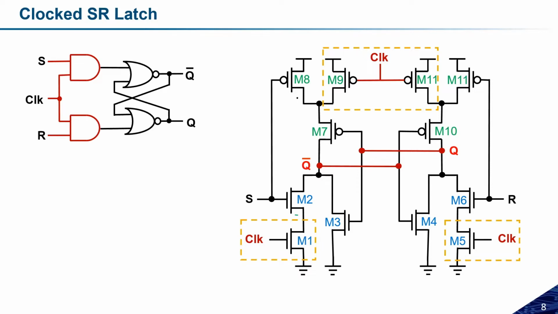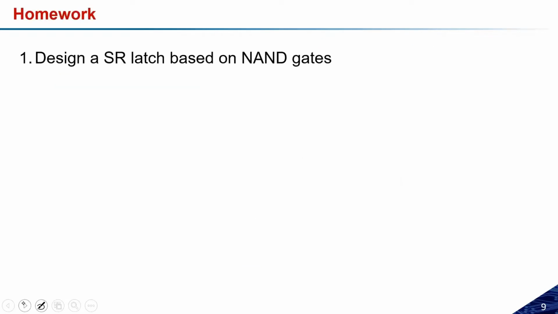Similarly, you can also design a clocked NAND gate based SR latch. So these are all possible combinations which you can easily do. So this is all about the clocked SR latch. So here is some homework.